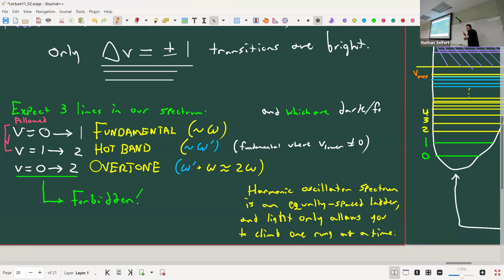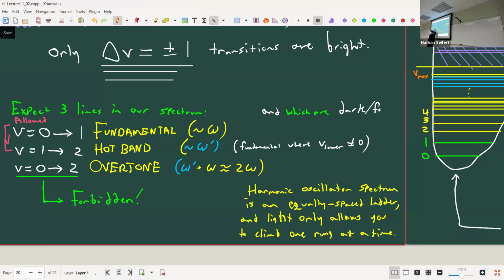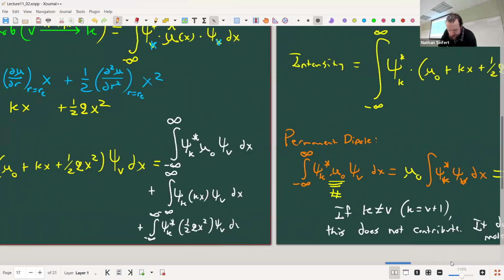Now, last 5 minutes. When you go take a spectrum, the only thing you see is the fundamental. So let's go back to the HCl data and scratch our heads a little bit.